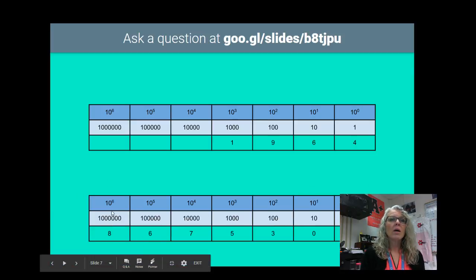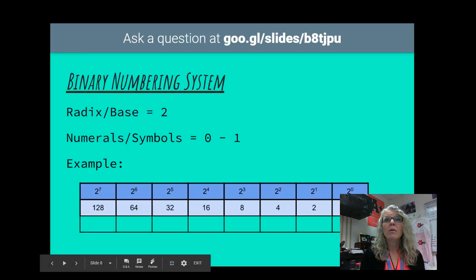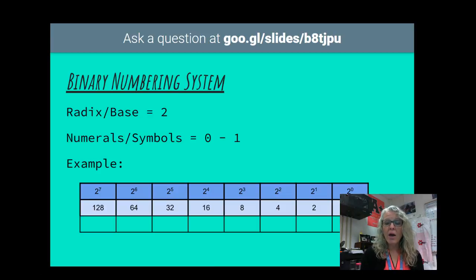We're taking 8 times 10 to the 6th, plus 6 times 10 to the 5th, plus 7 times 10 to the 4th, and so on. And you understand that. So, because you understand that, we should be able to take that existing knowledge and transfer it to another numbering system.